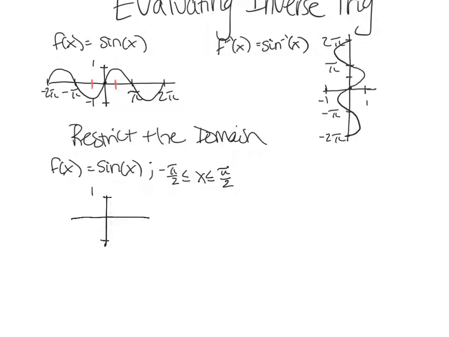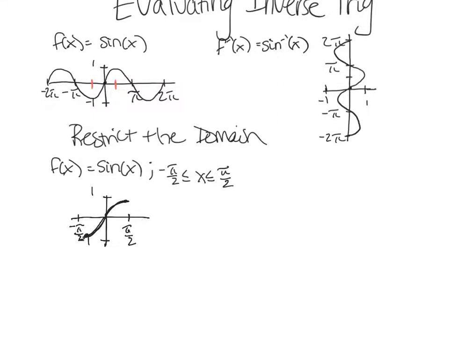So here's 1, -1. We're going to say here's pi over 2. Here's negative pi over 2. Our graph is going to go up to here and down to here. That is our full graph. There we go, something like this. That's our full graph. That's it.